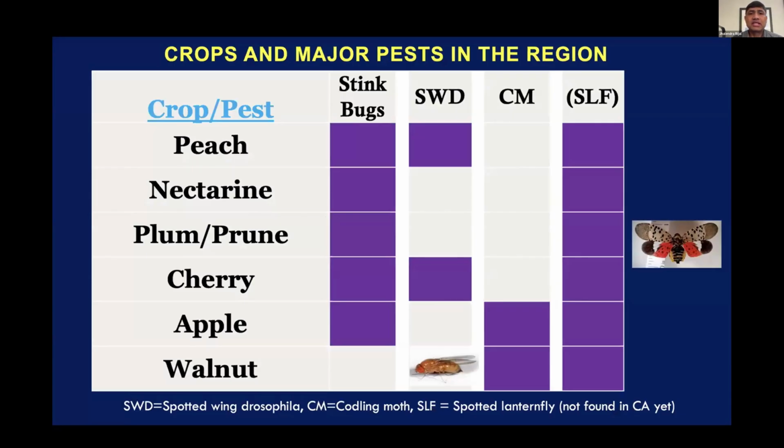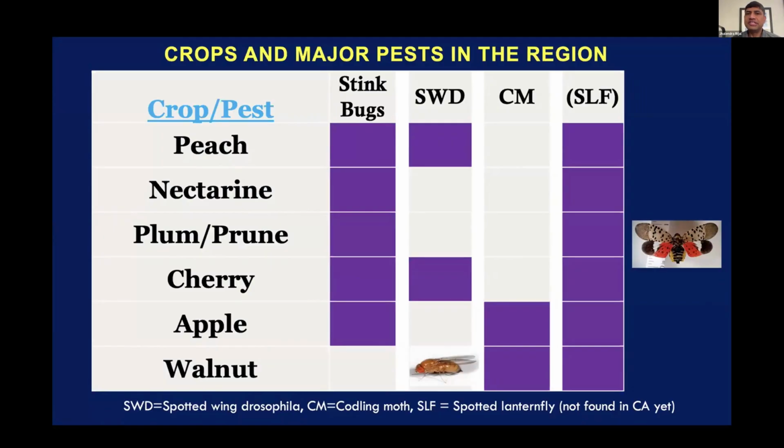For today's purpose, I divided it and provided the main ones here. Based on the major crops in the area, the stink bug is definitely one of the important ones for the majority of crops except walnut. Spotted wing Drosophila is another important one.